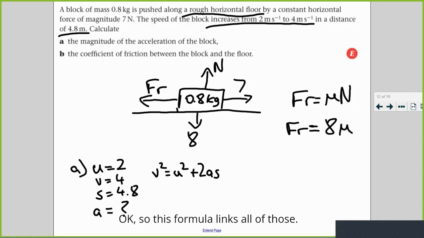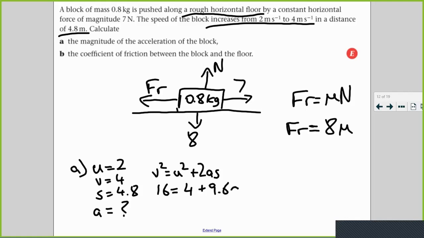Okay, so this formula links all of those. V squared will be 16, U squared will be 2 squared, which is 4, plus 2 times A times S, which will give you 9.6A.